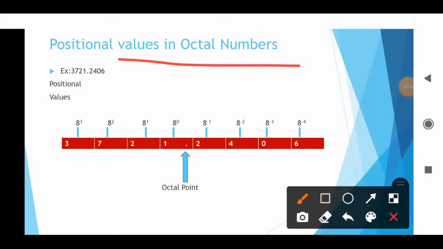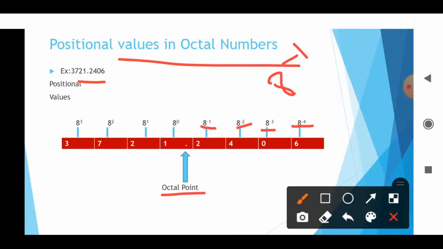What is our example value? 3721.2406. This point is called what? Octal point. After the octal point, how to represent the value? Base value 8 with negative powers: 8 power minus 1, the next 8 power minus 2, 8 power minus 3, 8 power minus 4.